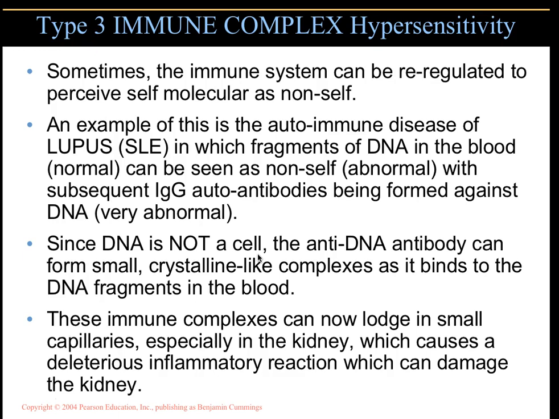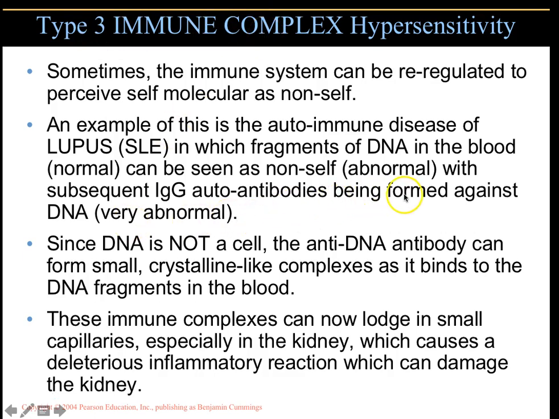So the antibody, which is also quite small, and the DNA will start to form a crystal. And this crystal-like complex is called an immune complex because it's made up of antibodies, which are part of your immune system, and it's making a complex with something small like DNA, a fragment of something.